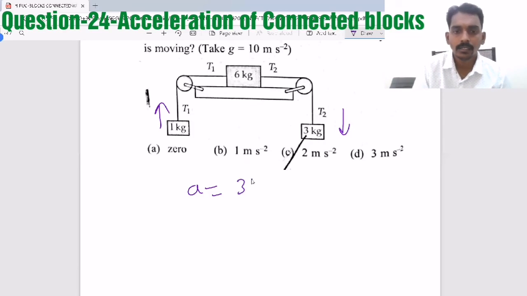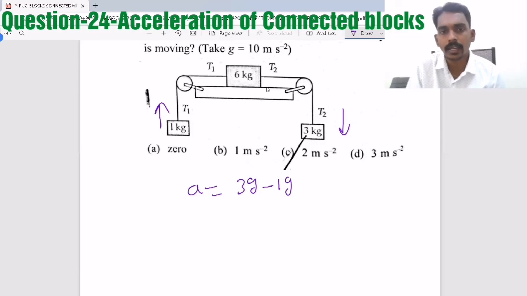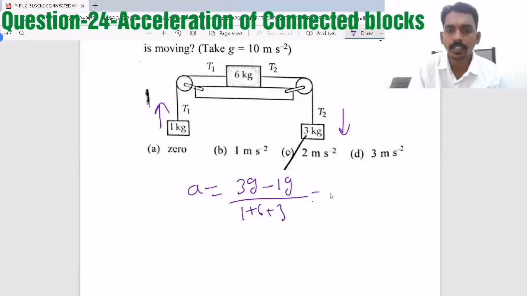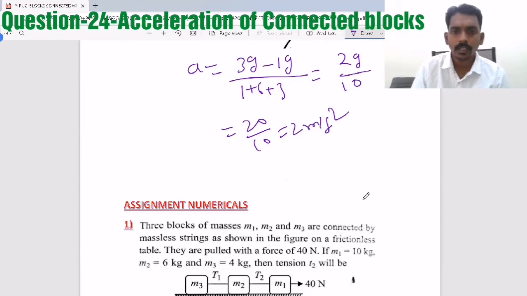Then 3g minus 1g is the total force in the direction. The 6 kg does not affect the motion. Divided by total mass, 1 plus 6 plus 3, this is 2g by 10, that means 20 by 10, that is 2 meter per second square.